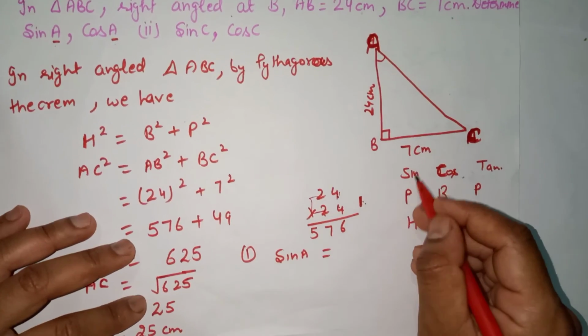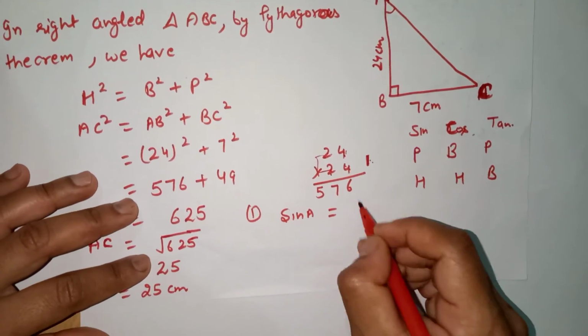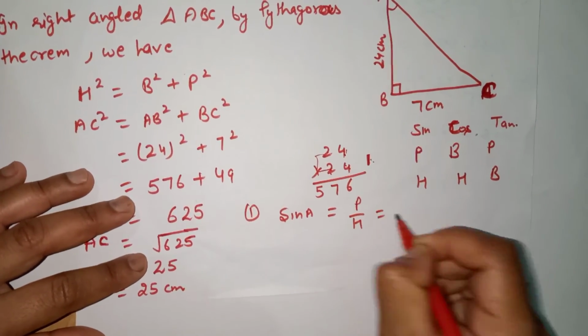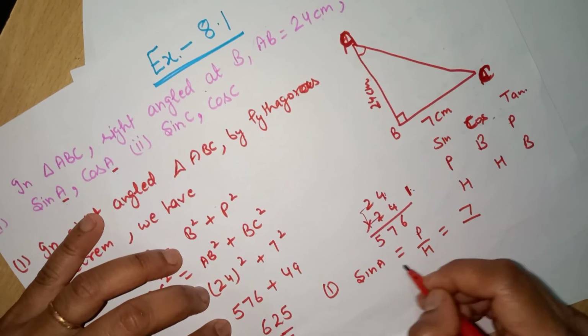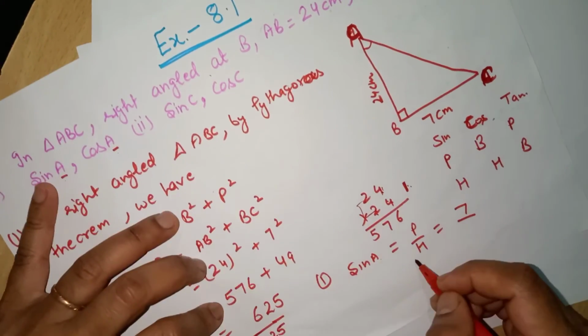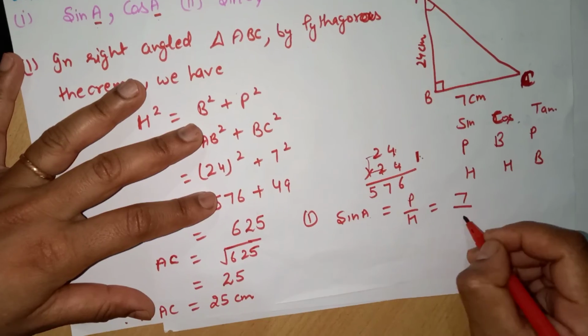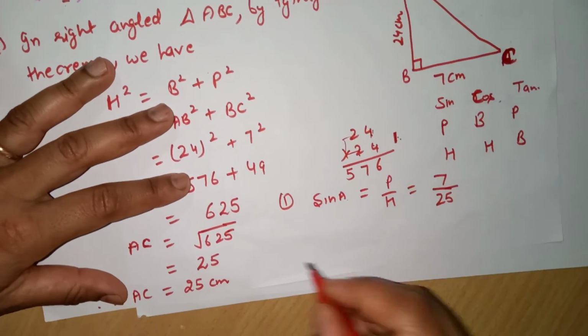So the value of sine is equal to perpendicular upon hypotenuse. Here the perpendicular is 7 corresponding to angle A, and hypotenuse we have obtained as 25.